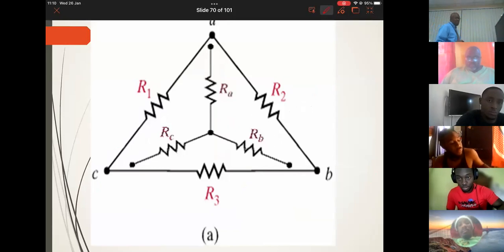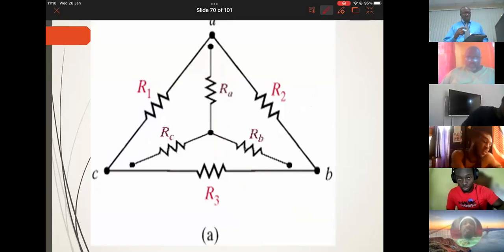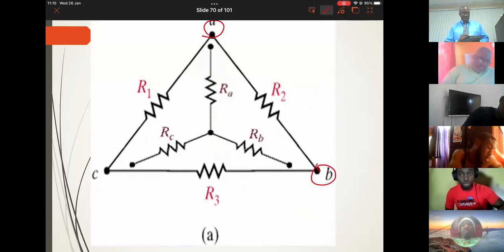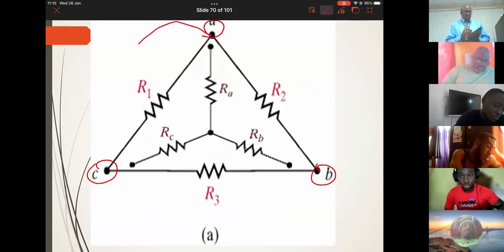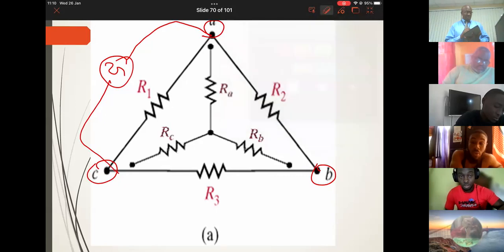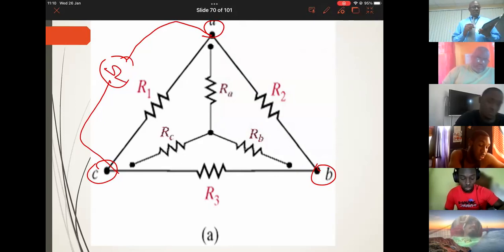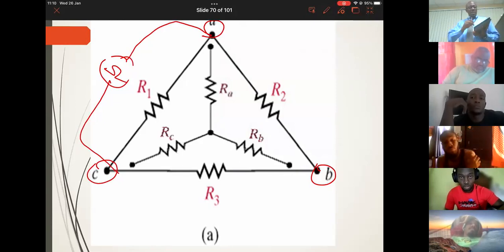So in terms of equivalence, what we just mentioned in terms of the terminals, the connecting points for the network, we still have our A, our B, and our C. If they are equivalent, it means that if I put an ohmmeter, measuring resistance, across the delta network, it would be the same as if I measured it across the terminals of my star network.